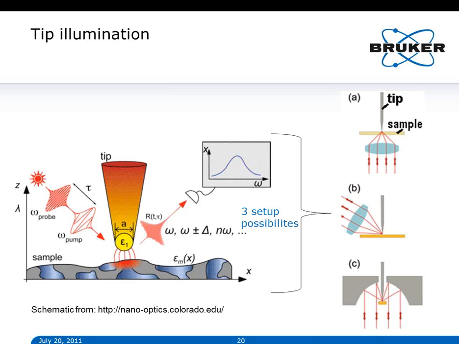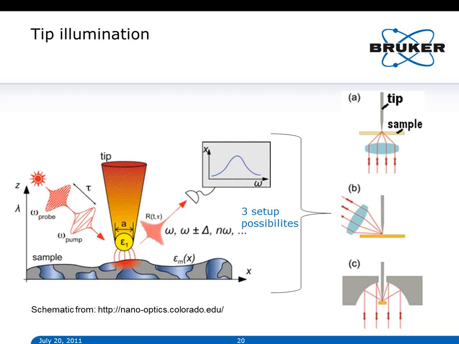You can collect the Raman effect, indicated by Raman scattered light at omega plus delta. You can collect linear scattered light, and you can do some second harmonic generation. It's completely up to you what kind of detection scheme you place after that tip.